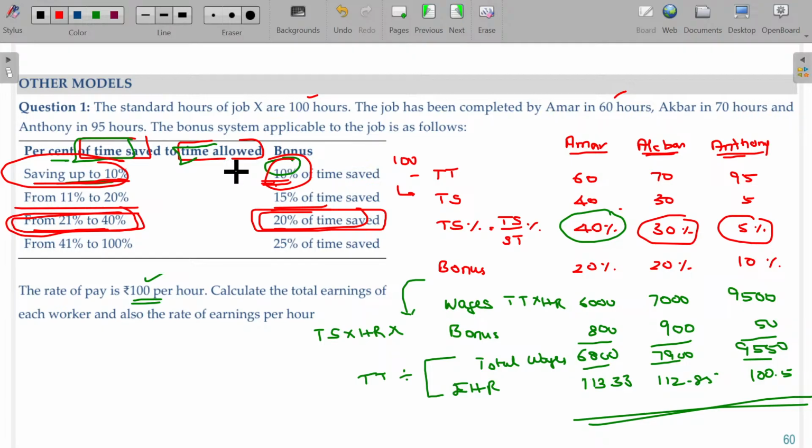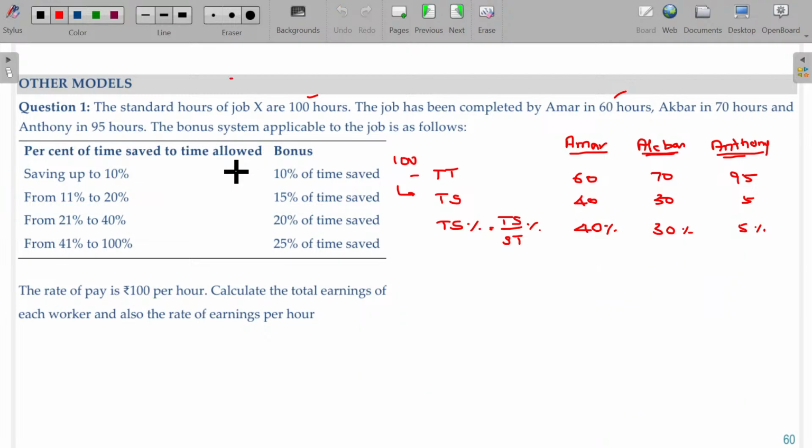Clear? We have one more method of solving this illustration. That is nothing but slab based, as in the case of taxation. You might have studied the progressive method, no? The same method can also be adapted here. Under the progressive method, first find out the basic wages, which is time taken into hourly rate.